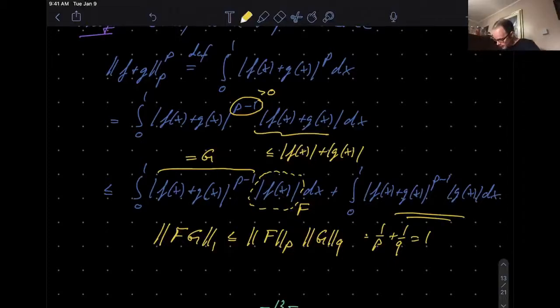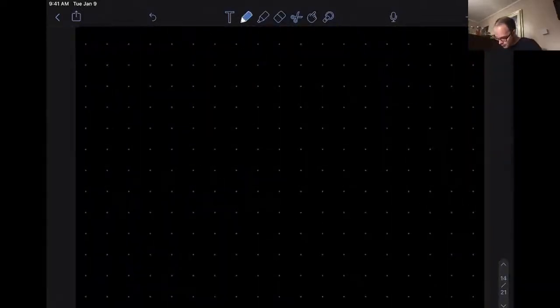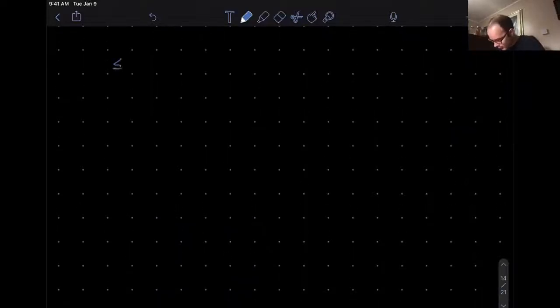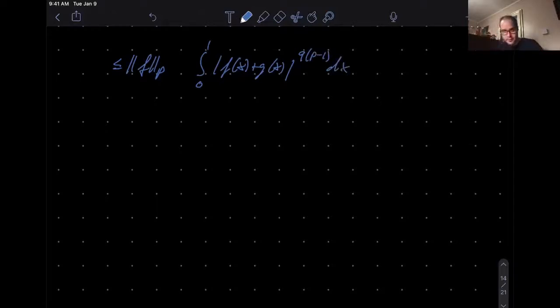It's written with p and q, so I will have the p norm of small f, and then the q norm of the remaining piece, which was |f + g| to the exponent p minus 1. In the q norm I have to raise this to the power q, so the rules of exponents tell me this will be to the power q(p-1), and then the qth root of that.